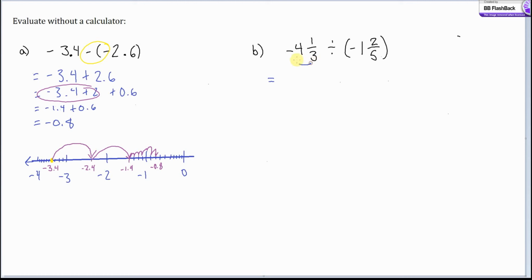We do 3 times 4 plus 1. 3 times 4 is 12 plus 1 is 13 over 3. And next we do 5 times 1 plus 2. So it's going to be a negative. 5 times 1 is 5, plus 2 is 7, negative 7 over 5.